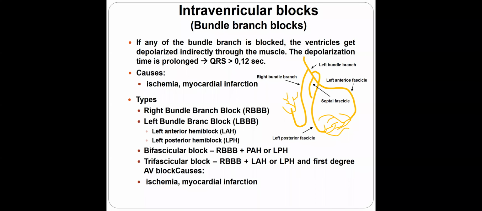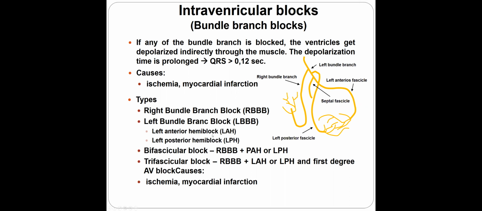That's the second degree bundle branch block. Because repolarization is influenced by hypoxia, they're mostly rate dependent, meaning that if you have less time for repolarization, the branches can be blocked.